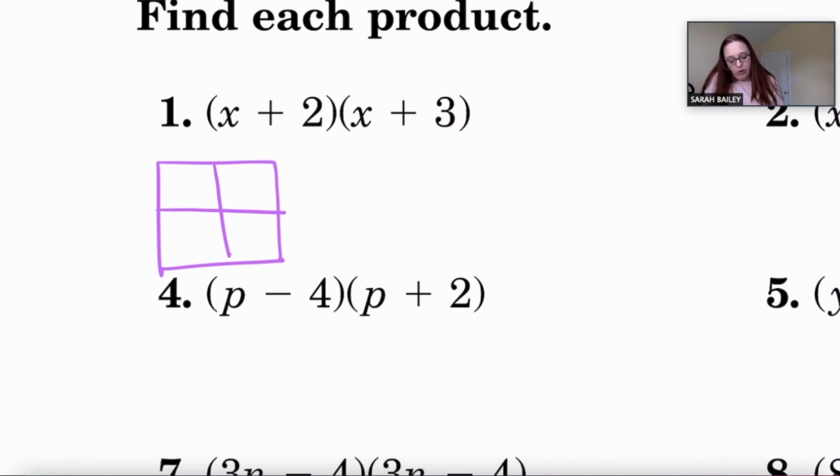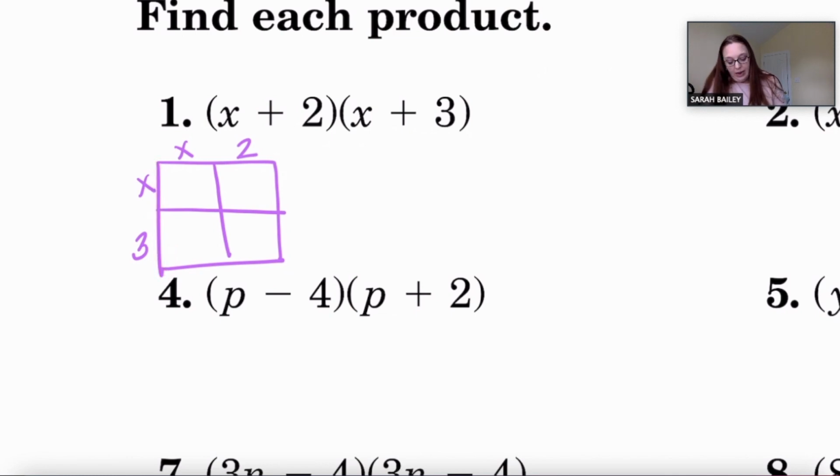I'm going to label x and then positive 2, x and then positive 3. So this side is x plus 2, and this side would be the x plus 3 side. And then I'm just going to multiply.